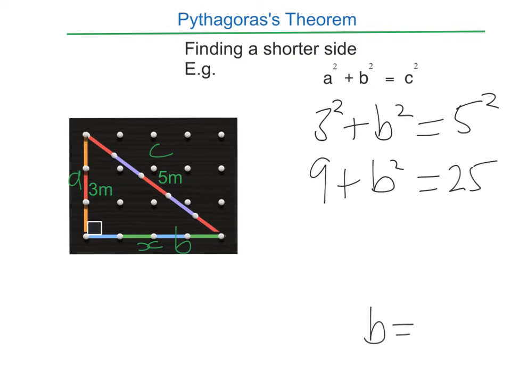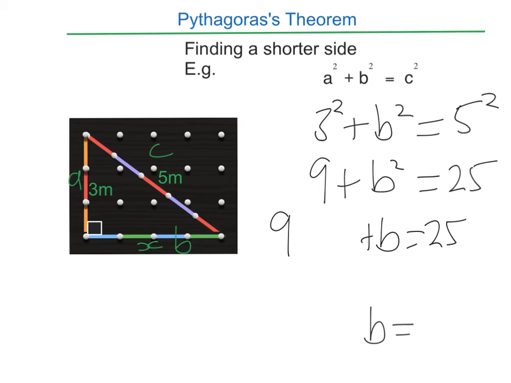So what I need to do is get rid of the 9 and the squared. Now I can't just get rid of them. I've got to do something mathematical to make them go from where they are to somewhere else. And the trick is, this is a plus 9, so I'm going to subtract 9. So I'll rewrite the equation like this just so you can see. So 9 plus B squared equals 25.